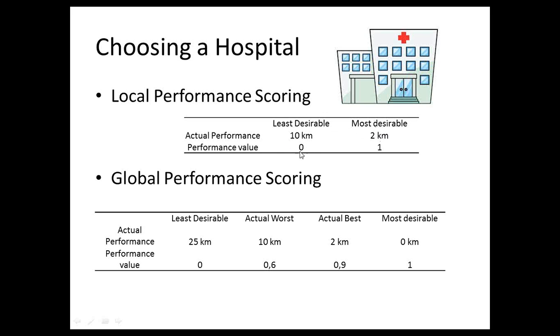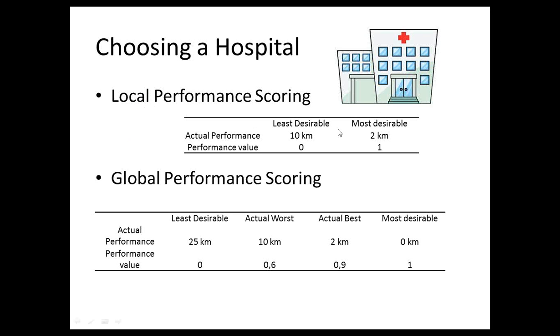You give the least desirable distance a performance value of 0, and the most desirable performance a value of 1. If there are intermediate scores, you use the formulas on the sheet prior to this to calculate that intermediate score. This will perform perfectly well if your only goal is to do this one analysis.